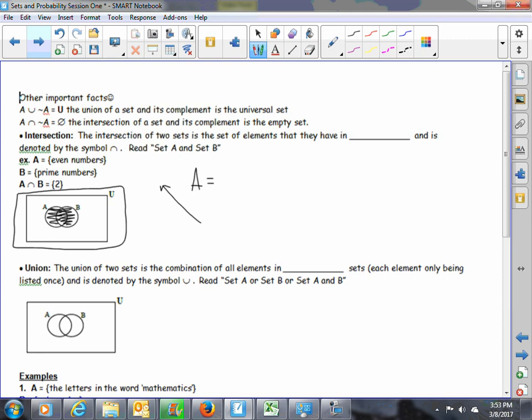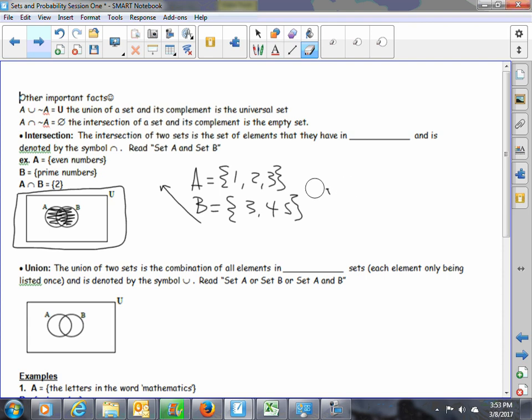A being the set 1, 2, 3, and B being the set 3, 4, 5. A union B would be the set 1, 2, 3, 4, 5.